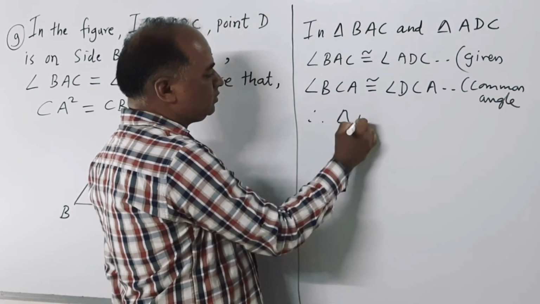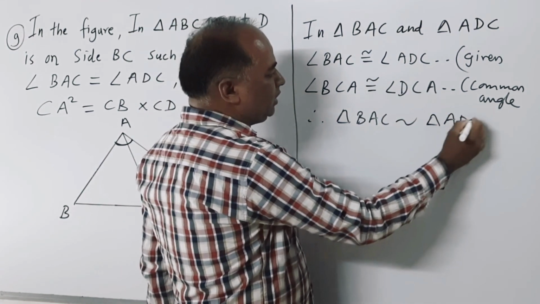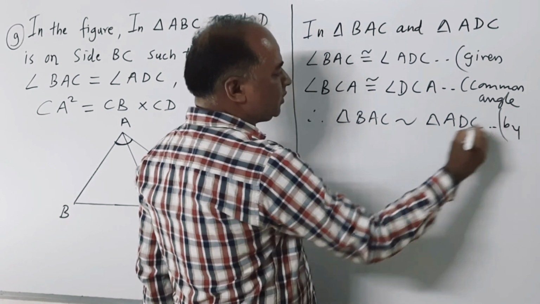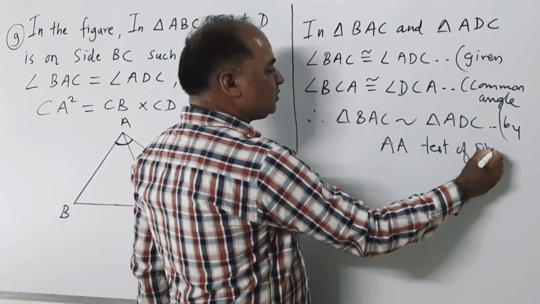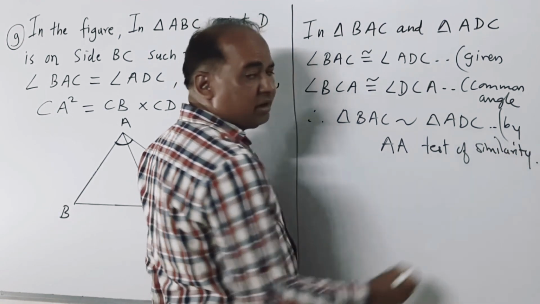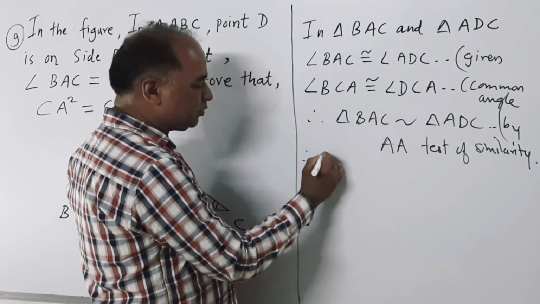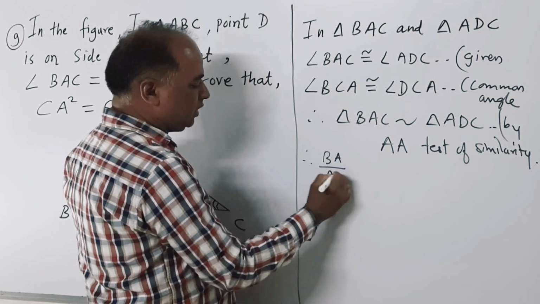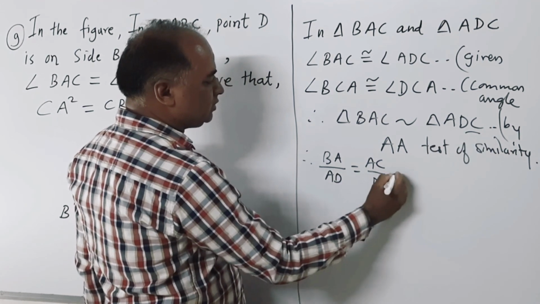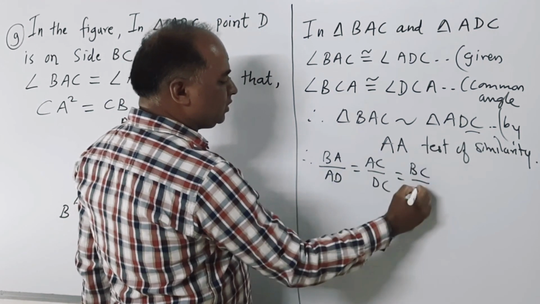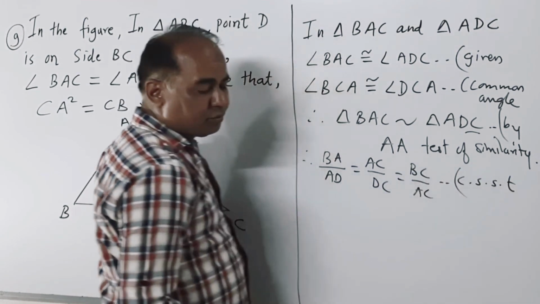Therefore, triangle BAC is similar to triangle ADC by AA test, that is, angle test of similarity. Therefore, the corresponding sides of two similar triangles are in proportion. Therefore, BA upon AD is equal to AC upon DC is equal to BC upon AC.